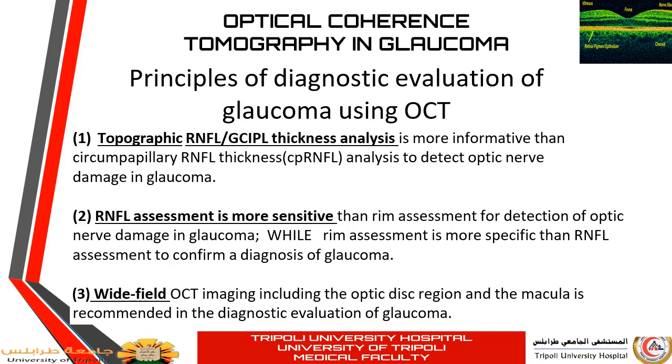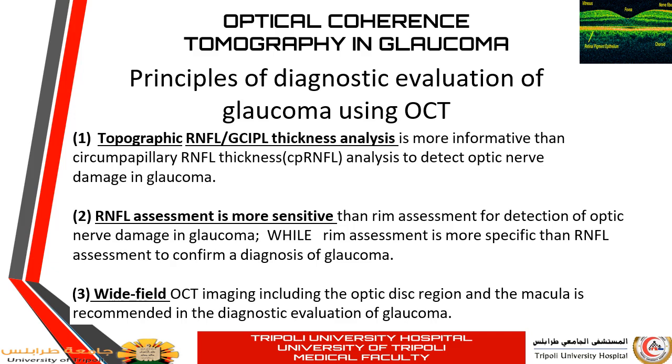However, the retinal nerve fiber layer assessment is more sensitive than the rim assessment. In general, retinal nerve fiber thickness analysis is more informative and more sensitive than the rim assessment for the detection of optic nerve damage by glaucoma. However, the rim assessment is more specific than the retinal nerve fiber layer assessment to confirm the diagnosis of glaucoma.